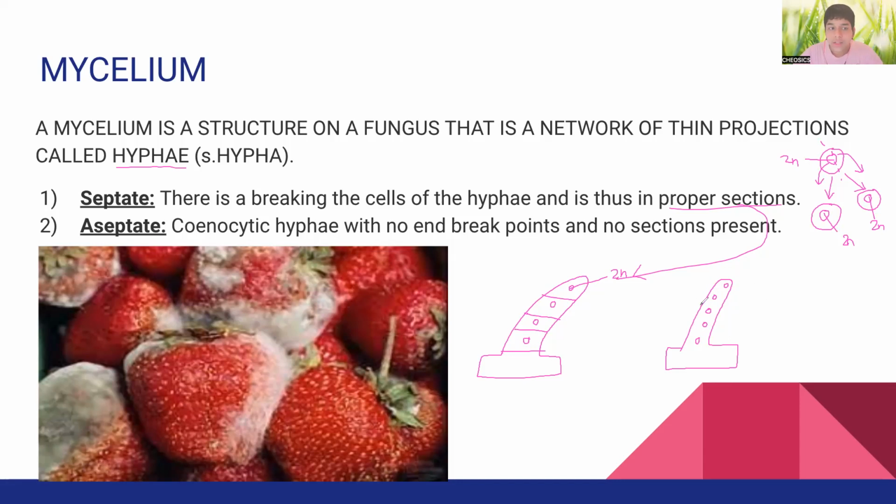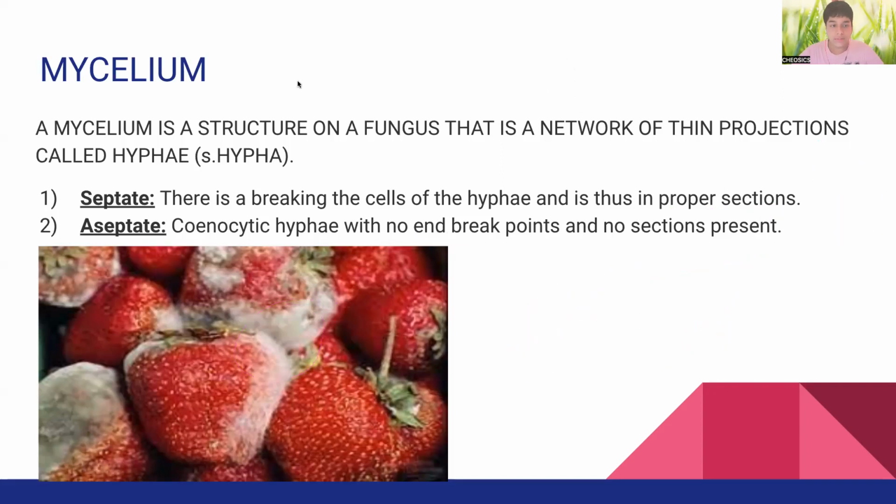So this hypha is not splitting into many parts like you see in binary fission. This is called cenocytic. There are no end breakpoints. There are no septa present here. It's just nuclei. So these are the two types of hyphae. This is a septate hypha here, growing on a strawberry.